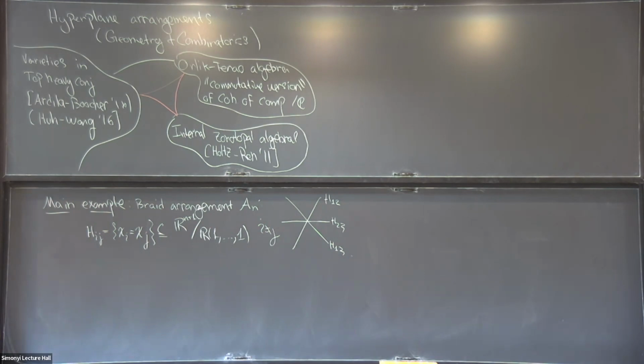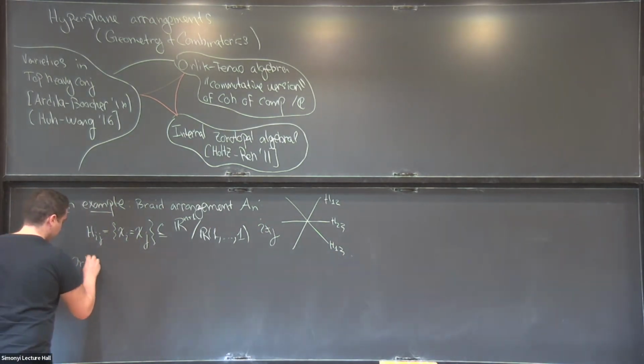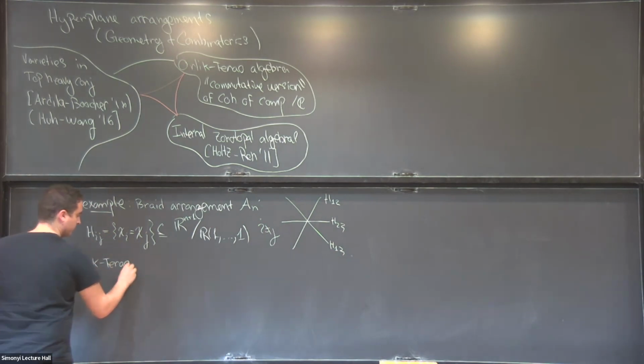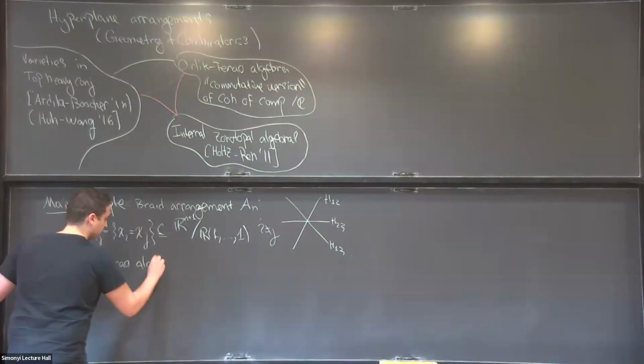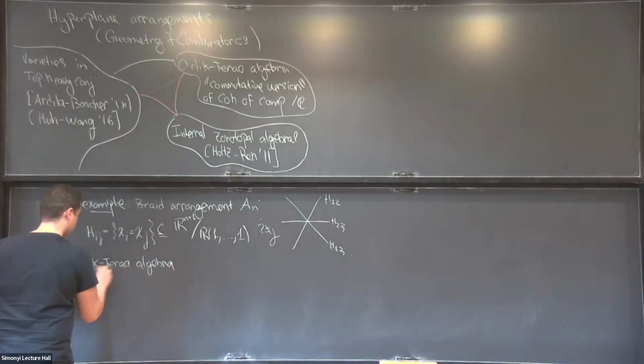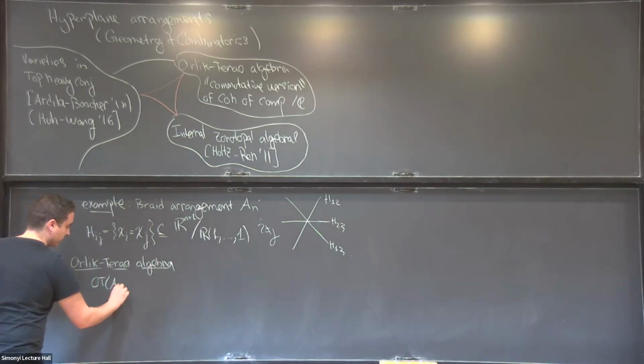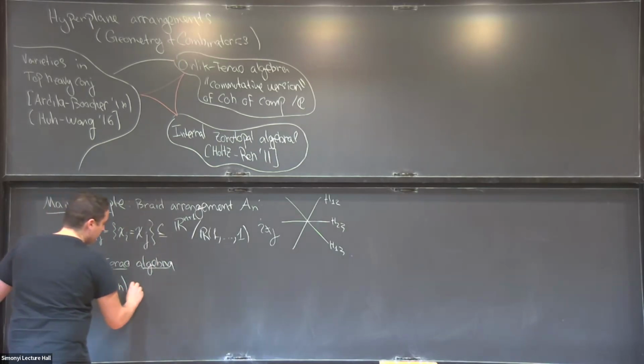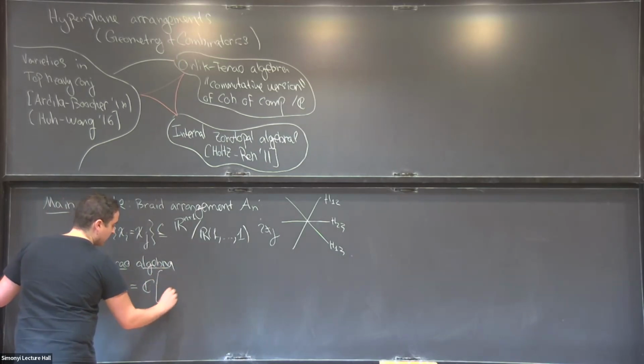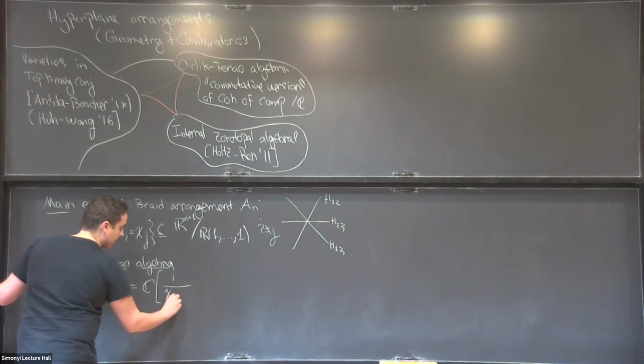And the associated Orlik-Terao algebra, which I'll write OT, is defined to be the algebra generated by the reciprocals of the linear forms x_i minus x_j.